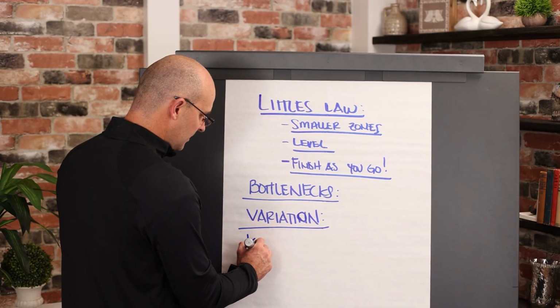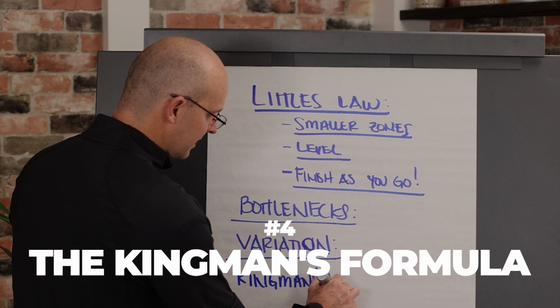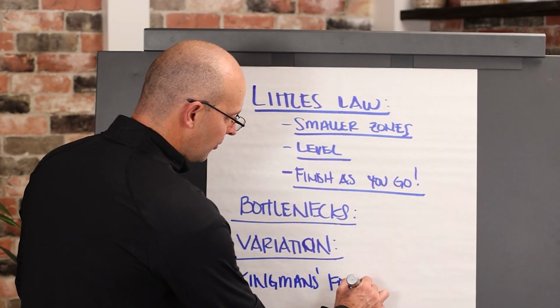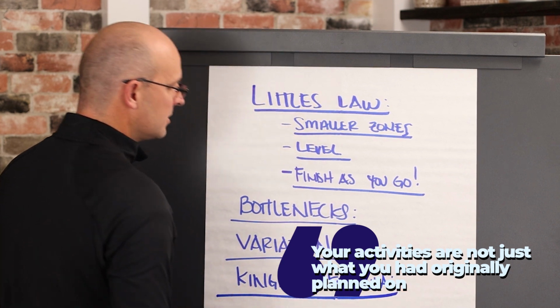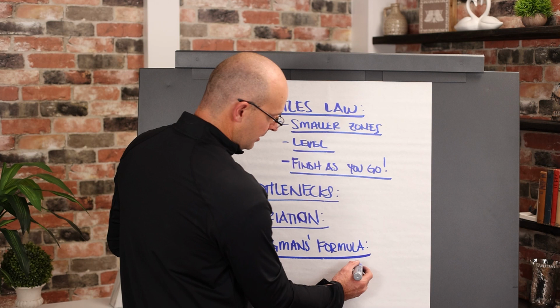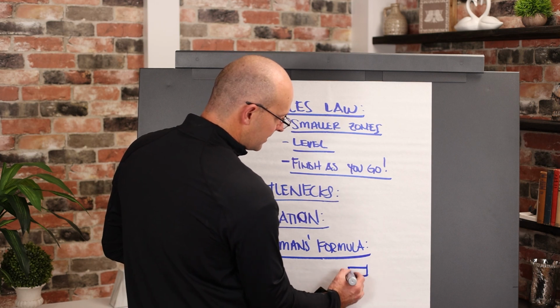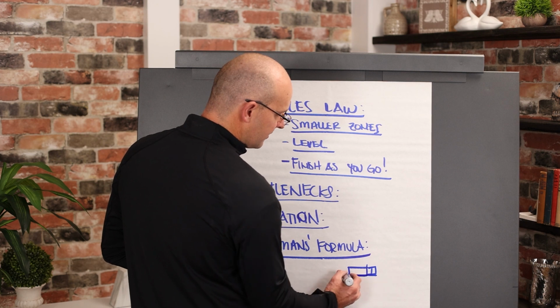The last one is Kingman's formula, and what it basically says is that your activities are not just what you had originally planned on, or they're not just according to their original production rate. You may have an activity, but that activity may extend based on variation or the productivity rate of the crew.